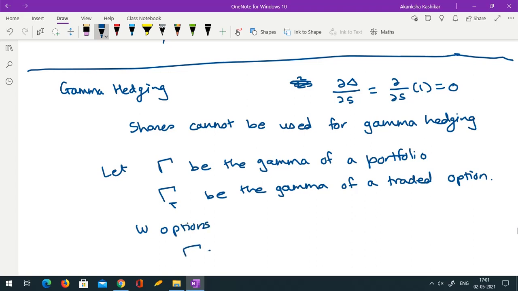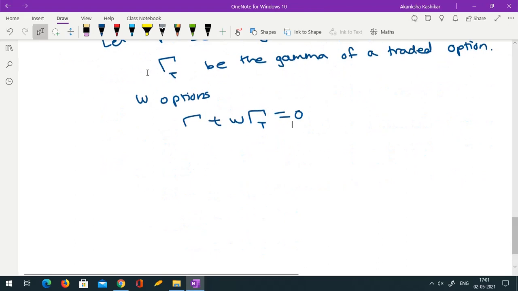So we have original gamma plus omega gamma T, and we want this to be 0. Why do we want this to be 0? Because we want to make the portfolio gamma neutral. So if this is made 0, then omega has to be minus gamma upon gamma T. So this is how we derive the number of traded options that one should buy or sell.